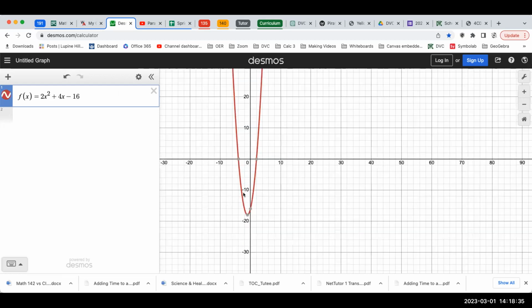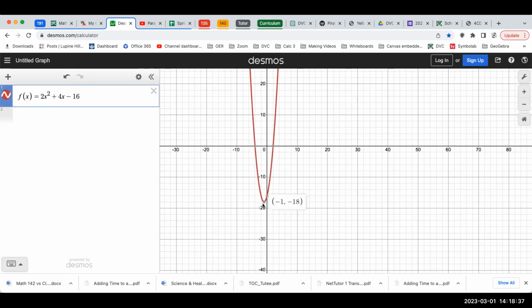So the vertex is telling me is at -1, -18, which is what we got. You guys tell me the y-intercept is at 0, -16. The x-intercepts we found are 2 and -4.